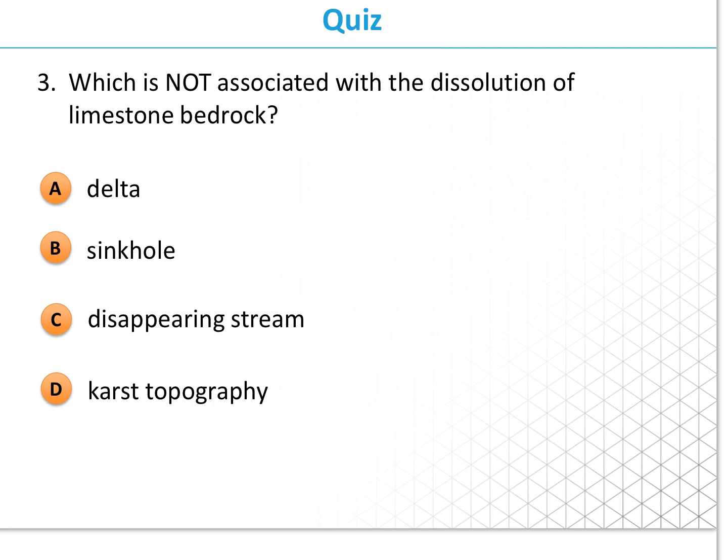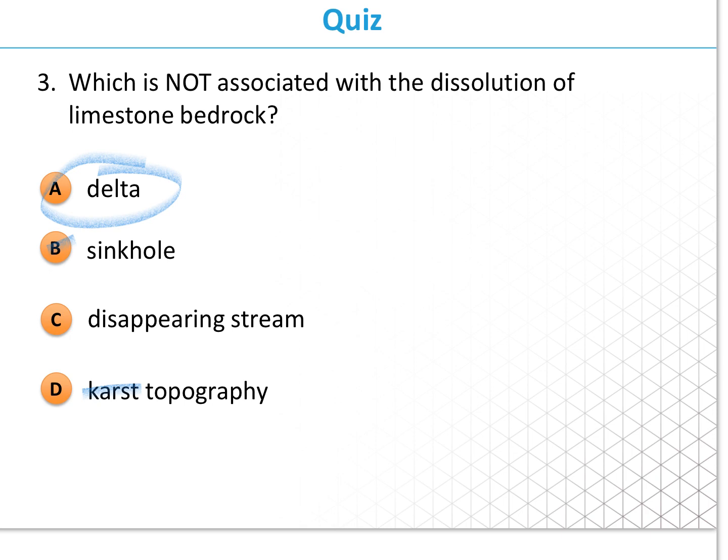All right, next one. Which is not associated with the dissolution of limestone bedrock. Which is not. And with that, we got deltas, because sinkholes are the collapse, karst topography is limestone, and disappearing streams. Ooh, we didn't talk about those.